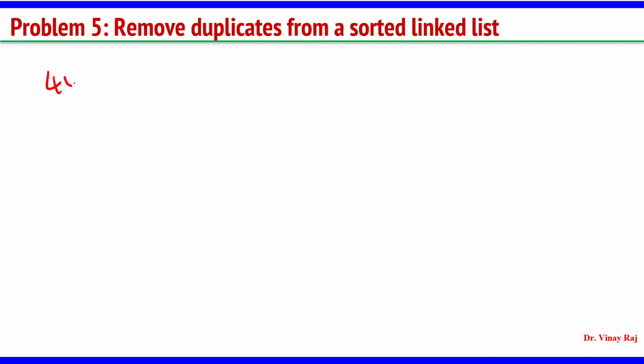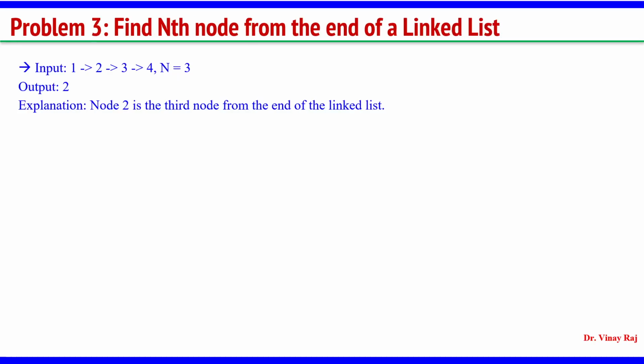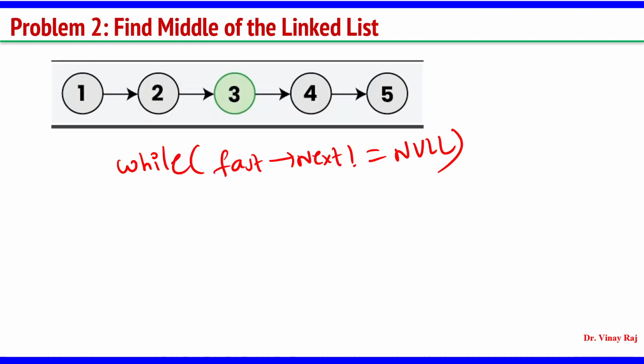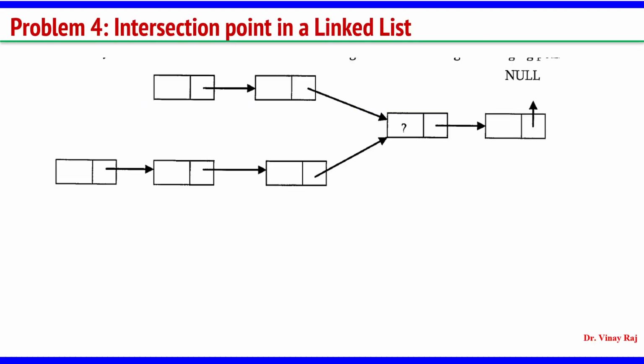There are almost 40 plus classical problems in linked list for which the solution is almost the same. For detecting a cycle I am using 2 pointers. For the middle of the linked list I am using 2 pointers, and for the nth node I am also using 2 pointers. So the 2 pointer approach is a common pattern in these questions. That way we are trying to solve the problem.